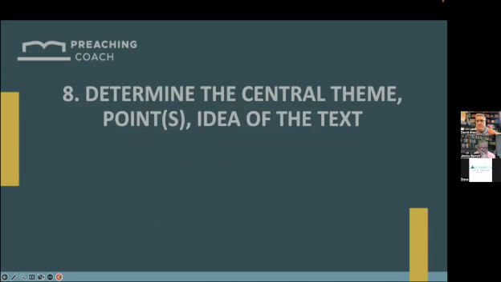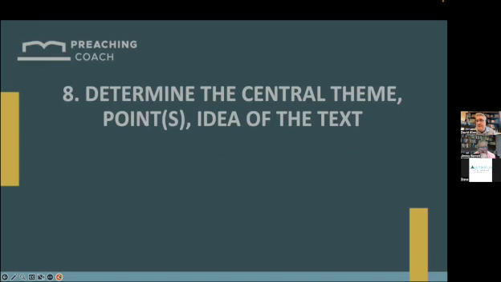Now, at this point, you are ready to determine the central idea of your text, what we used to call in homiletics classes the CIT, the central idea of the text. Now, what is the main point of Hebrews 12:1-2? What is the central idea of that text?